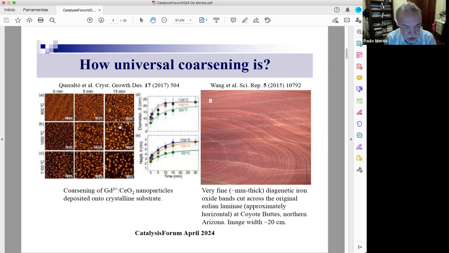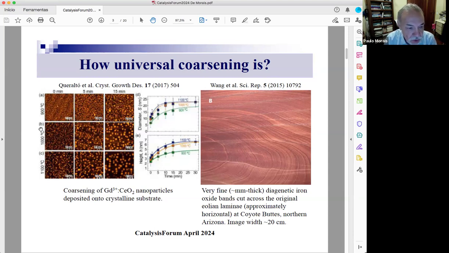For instance, the pictures here are scanning microscopy images, and you can find not only the diameter of the nanoparticles as a function of time. You can see they grow, starting with 0 minutes in the upper left corner of this picture, and then going as a function of time, visibly growing.